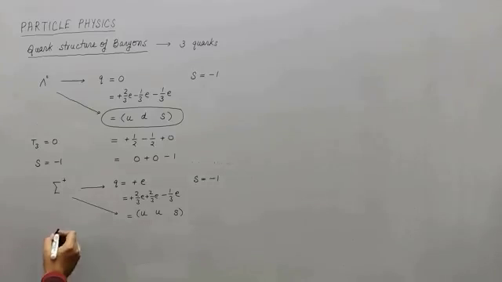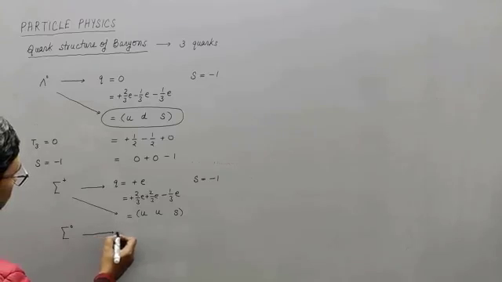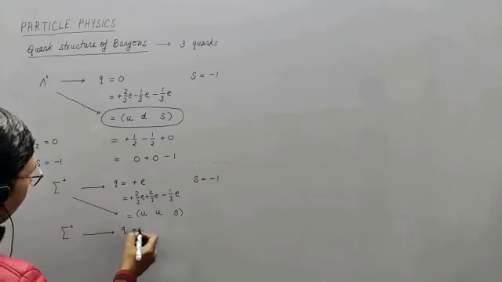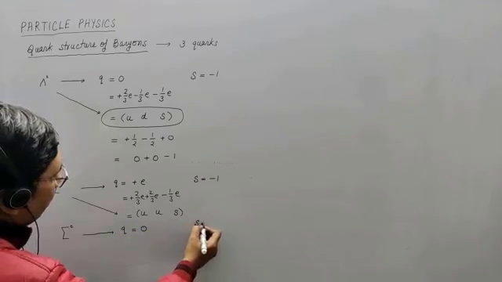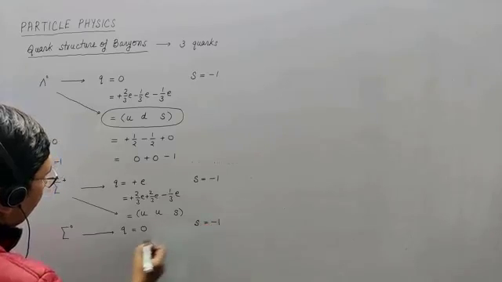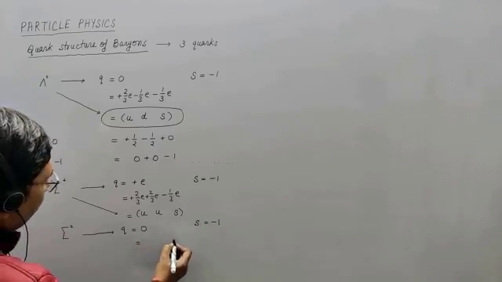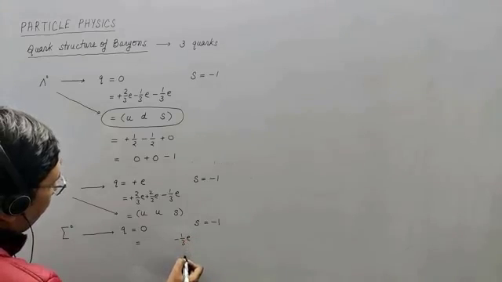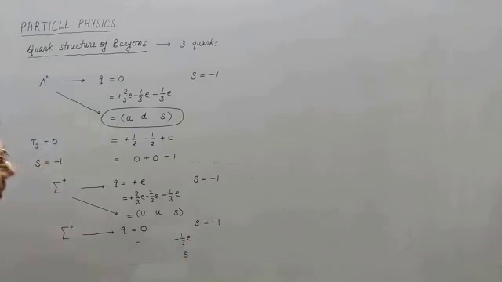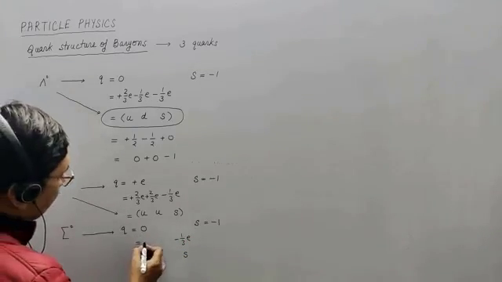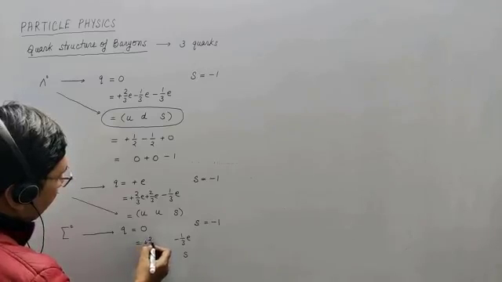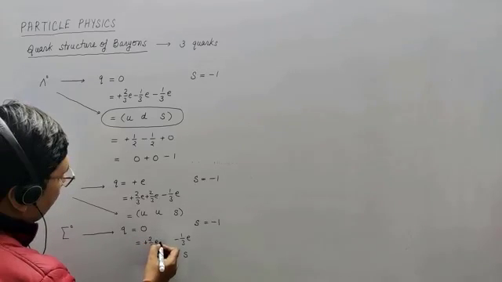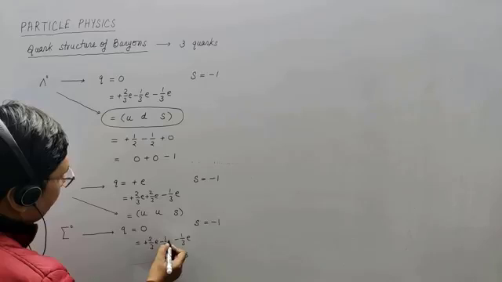How can you calculate for sigma naught? Sigma naught. Total charge on this is 0, but strangeness number is still -1. So one of the quarks involved will be a strange quark. How can you find out this 0? This will be plus 2 by 3e. This will be minus 1 by 3e.